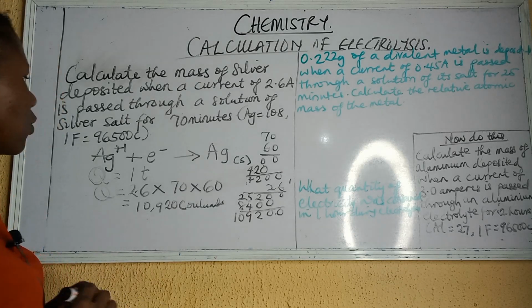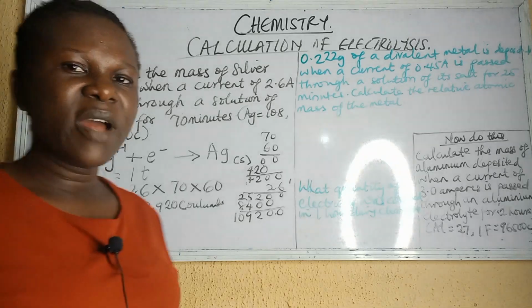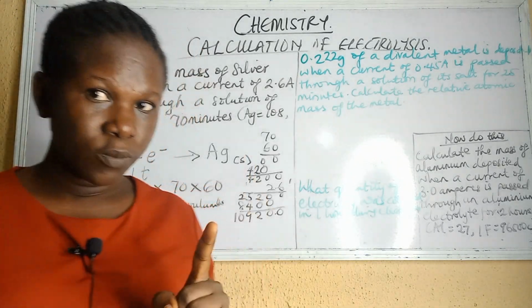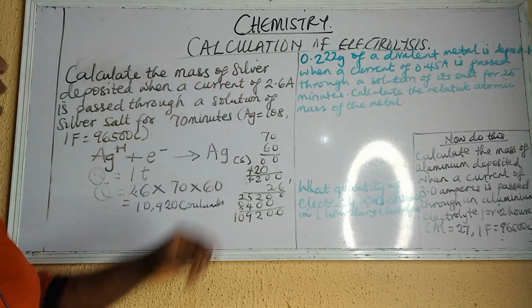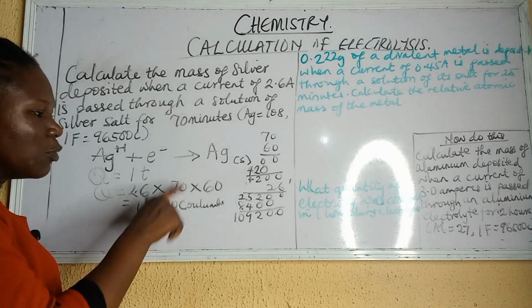And there's a standard which says that 1 mole of electrons is equivalent to 1 Faraday, and 1 Faraday is 96,500 coulombs. So now, the question is, what mass of silver will be deposited when this quantity of electricity is passed through it?